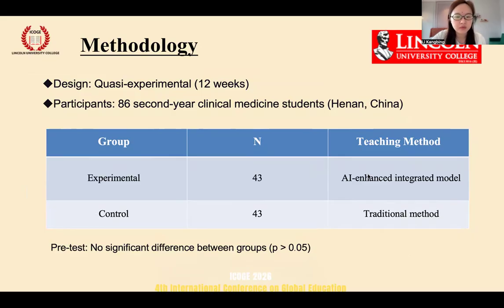I divided them into two groups, an experimental group who received AI-enhanced teaching and a control group who received traditional teaching. Before the experiment, I conducted a pre-test to make sure both groups started at the same level. The results confirmed no significant difference between the two groups, which means any improvement later could be attributed to the teaching method.